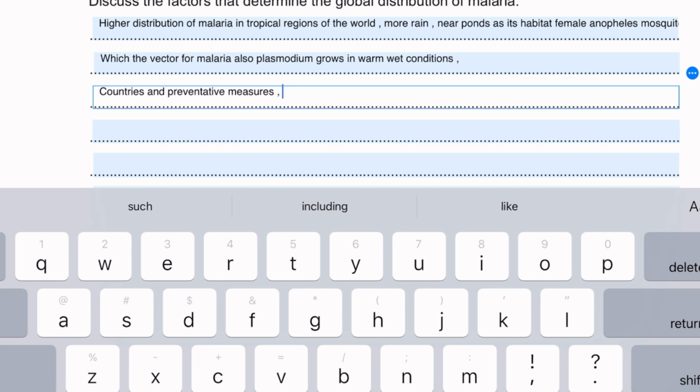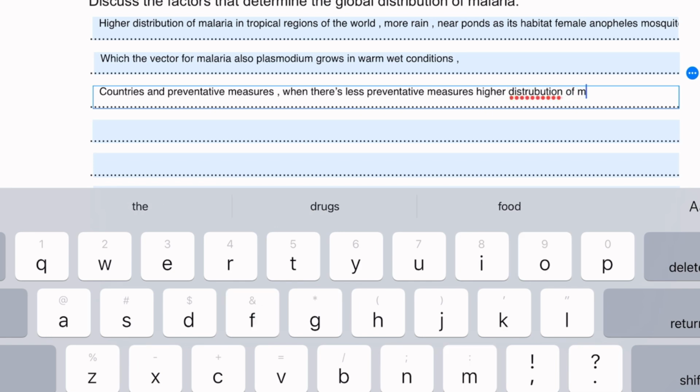Some countries will require someone coming from a tropical area to first take an anti-malarial drug and take a bunch of tests, with the results all negative and clear, before you actually come into the country. So these are preventative measures. Okay, so countries and preventative measures. When there are fewer preventative measures, there's a higher distribution of malaria.